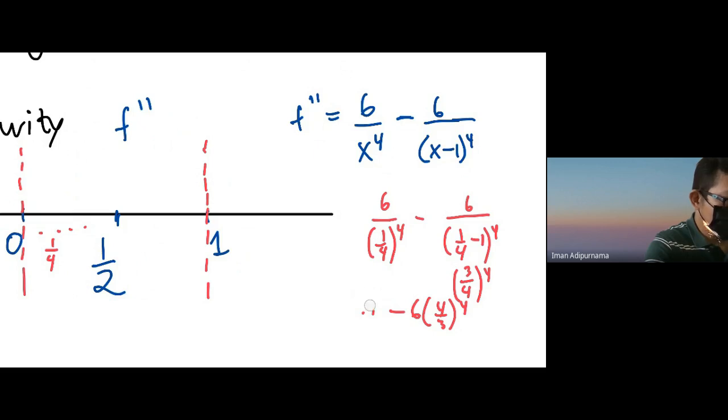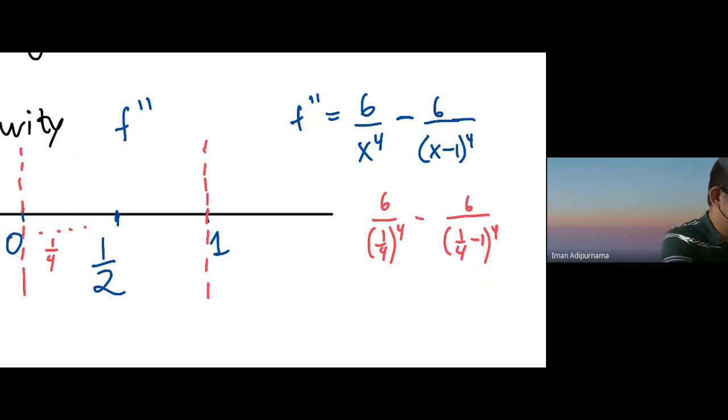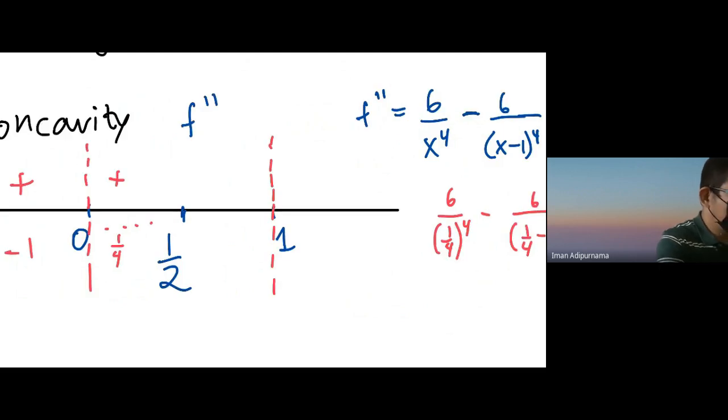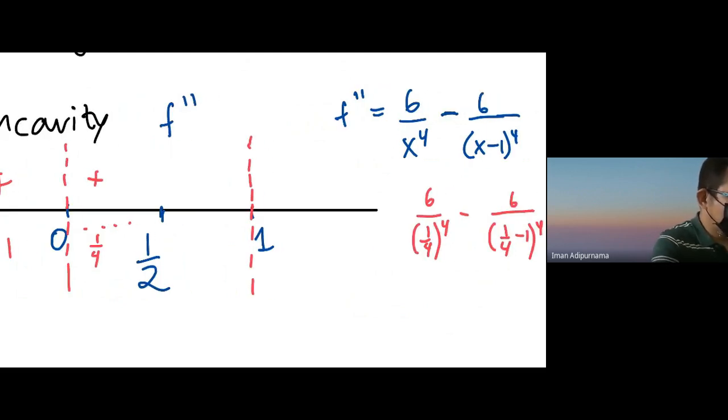Positive, positive, and between half and 1, we can take 2/3. You can check 2/3 probably, and also check x equal 2.